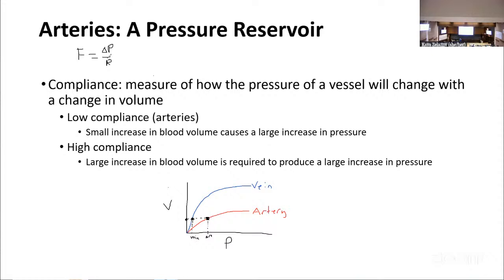If you try to fill up a big birthday balloon, those foil ones, the Mylar ones, you don't have to put in hardly any pressure and you can get a lot more volume there. So in that case, the water balloon would be the low compliance balloon and our big foil birthday balloon would be the high compliance one.